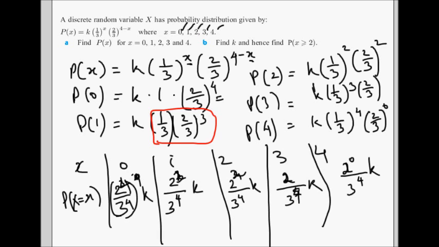Okay, so this is the probability distribution table that you have already done for x equal to 0, 1, 2, 3, 4. Now the question is to find the value of k. In order to find the value of k, you need to use the concept that when you add all the values of P(x), the total is equal to 1.